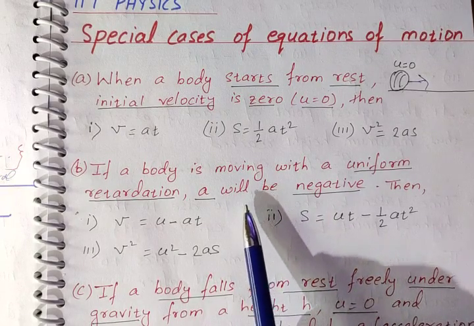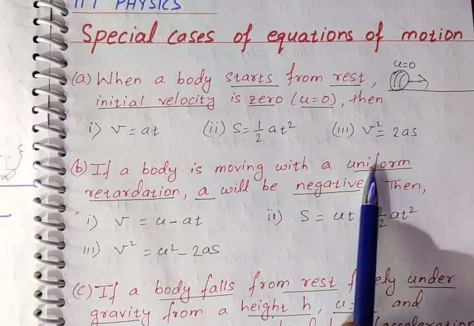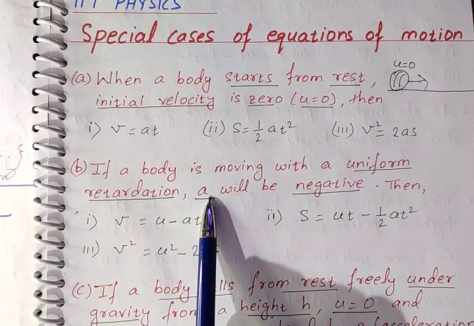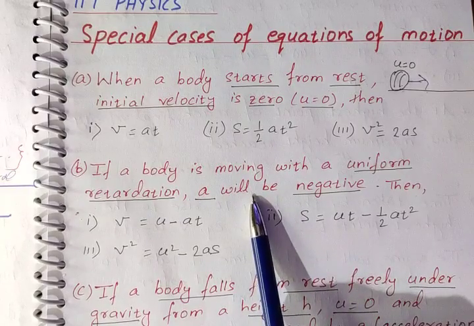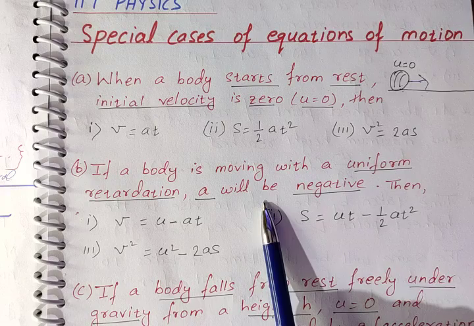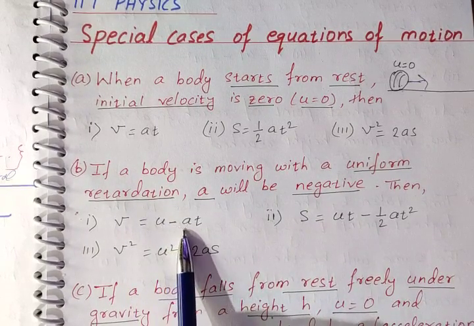Because the body is moving with uniform retardation, a becomes negative. So in place of a, we will use negative a. Then how do the equations change? First, v is equal to u plus at.